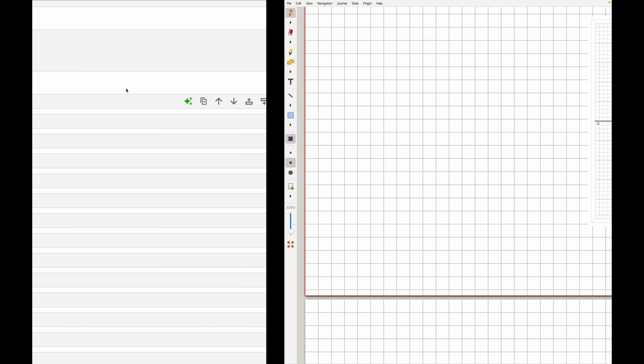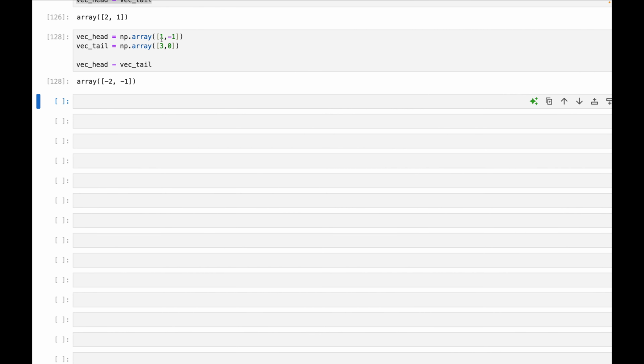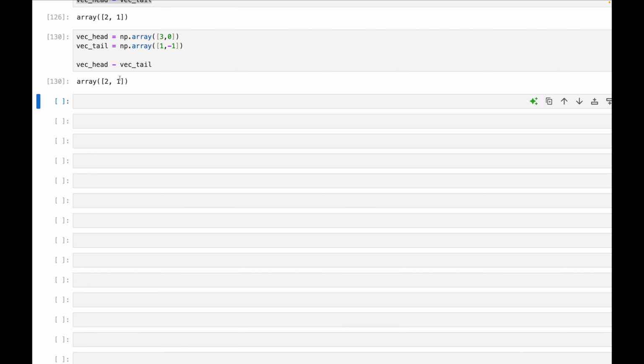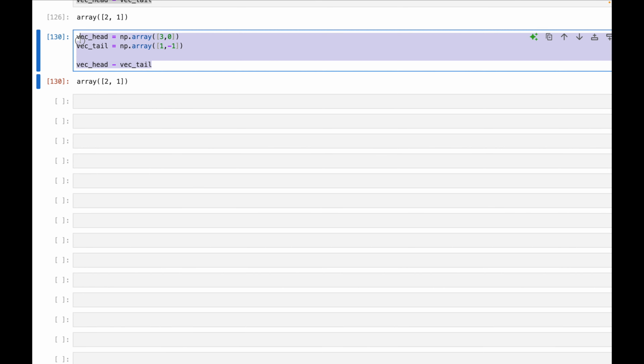That shouldn't really be the case. My mistake, at the tail I miswrote. So this is the head, and this is the tail, so this has to be 1 minus 1. My mistake. And if you look at this, it is the same vector 2 1 that we saw earlier.